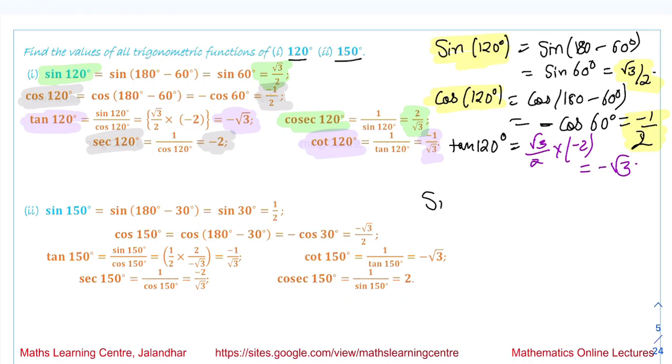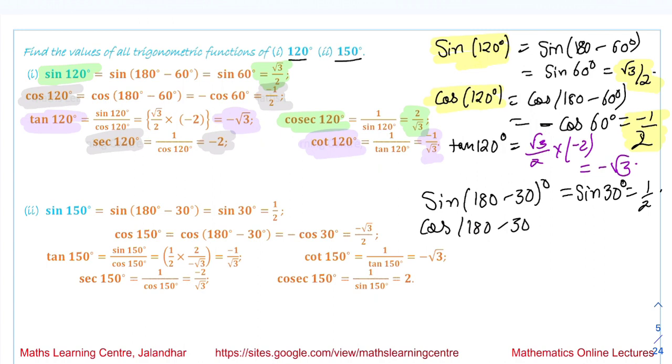Next we have to calculate the values corresponding to 150 degree. So when we are calculating sine, it is 180 minus 30 degree. So the answer we obtain is equal to sine 30 degree, and that is equal to 1 by 2. Similarly for cos, it is 180 minus 30 degree, that is equal to minus cos of 30 degree, that is equal to minus root 3 by 2.